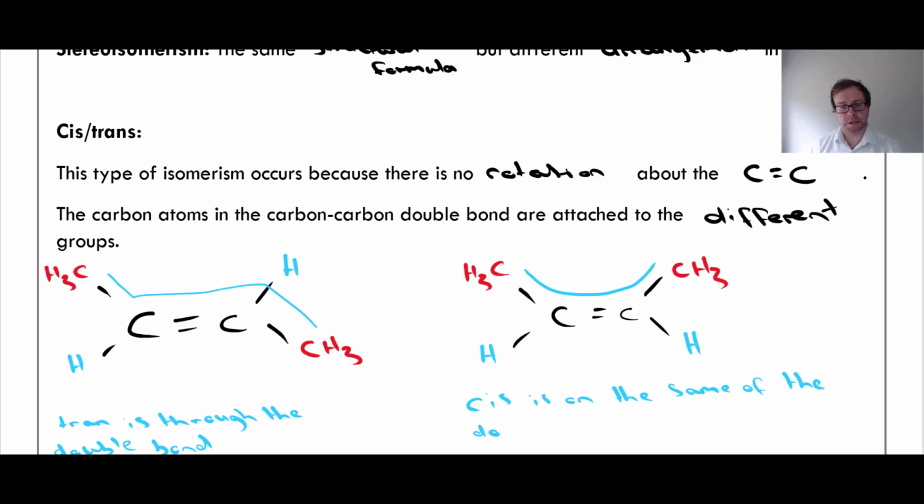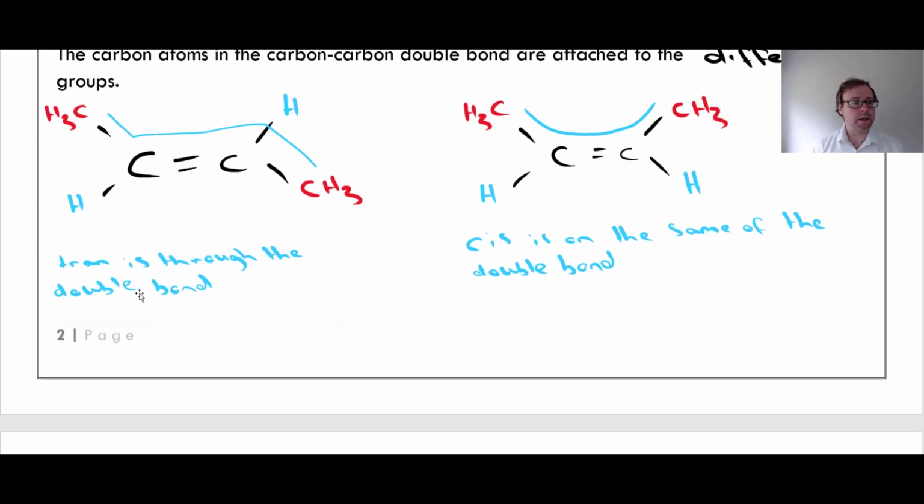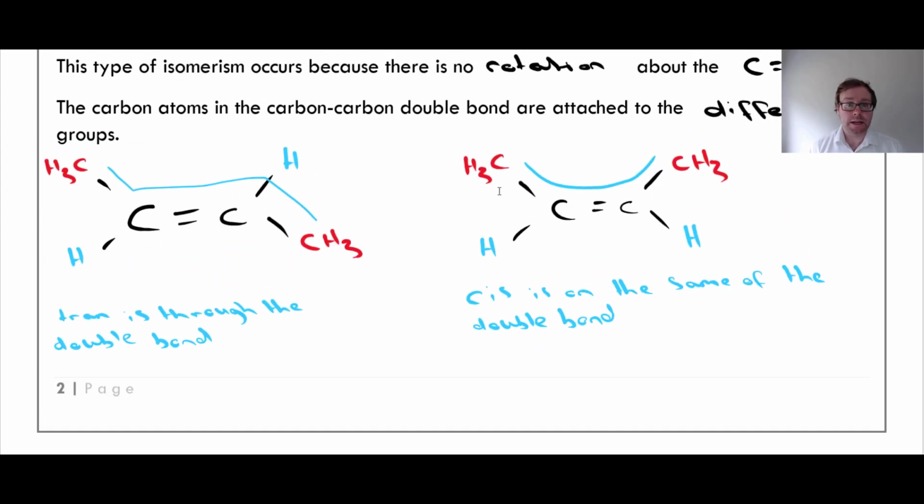And that really makes sense, because trans means through, for example transatlantic. And if you're trying to work out cis, it will be an upside down C, or a smiley face, or a sad face. Okay, so I'd like you to just have a go at naming these.